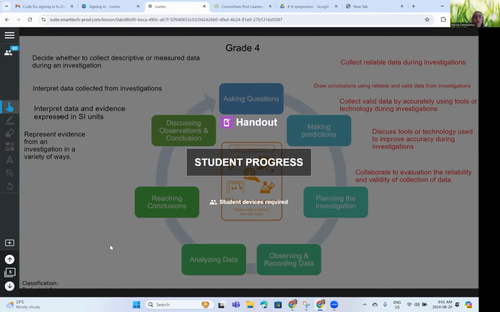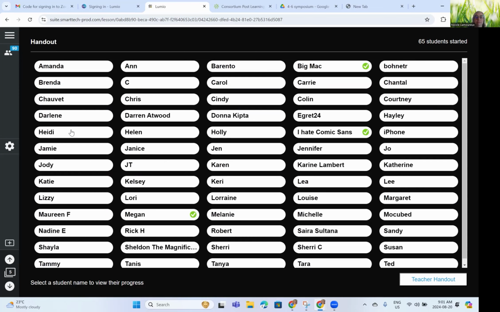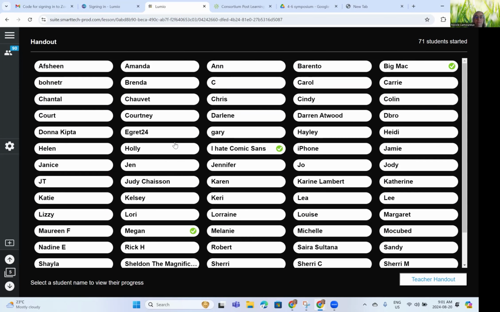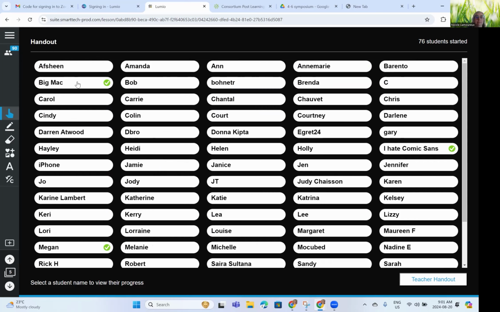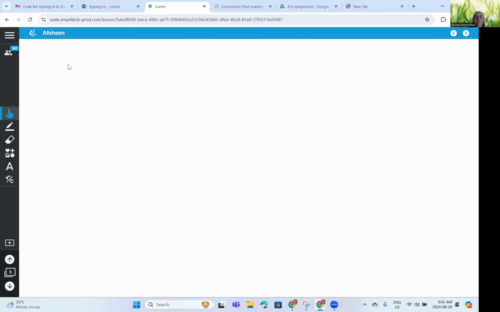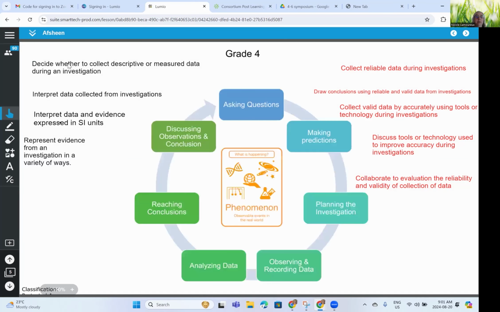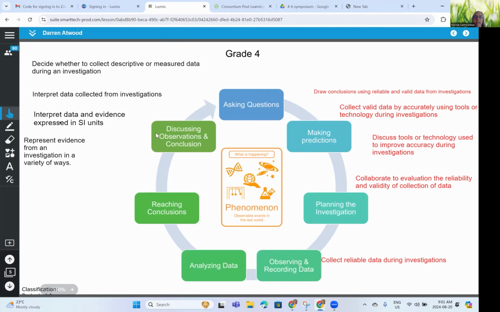If you're on a phone, this may be a little more challenging, as I mentioned, but just listen along. So again, you can click on the statement and then drag it over to where it would be on the investigation cycle step.